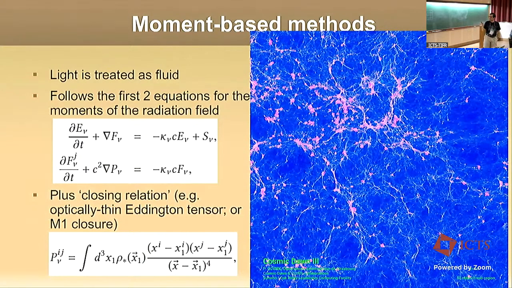Here, there are no sources. I mean, there are sources which emit the radiation, but in the equations, once the radiation is emitted, it just enters this photon fluid, and the photon fluid just propagates like any other fluid. There are fluxes between the cells and so on, and it just follows the equations of the fluid dynamics.